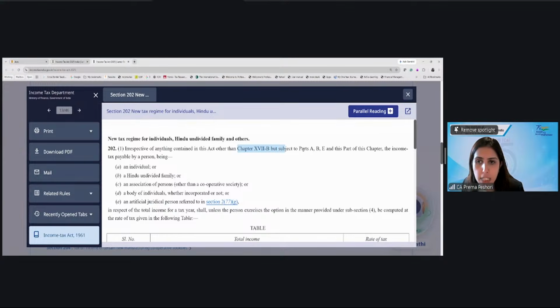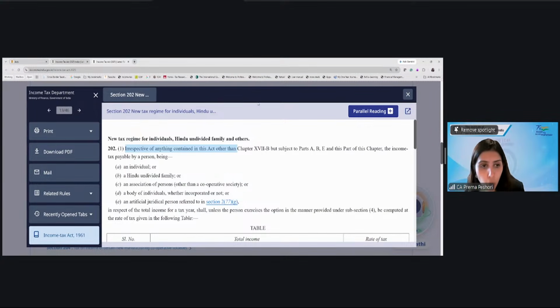That this particular section 202 is overriding everything else, but it is subjecting itself to this particular chapter, meaning it is not going to override this chapter. It is going to retain this chapter as is.